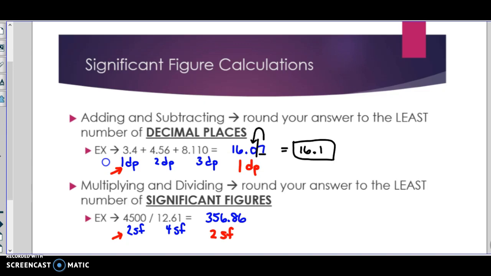But I only want 2 significant figures. So I go ahead and I count over 2. 1, 2. That 6 changes my 5 to a 6. And my answer becomes 360. I have to replace that 6 with a 0 as a placeholder because 36 and 360 are very different.